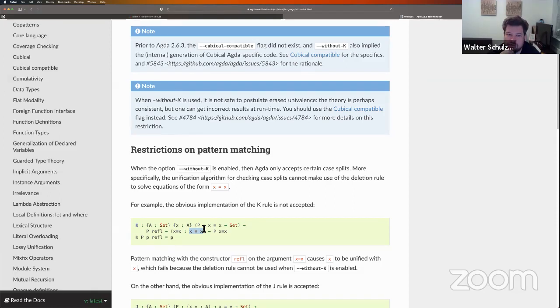I think when you're in prop, you're accepting that you don't have uniqueness of proofs, and you don't care. You only care that the proof exists. You don't care what it is, and you will never pattern match. You cannot.